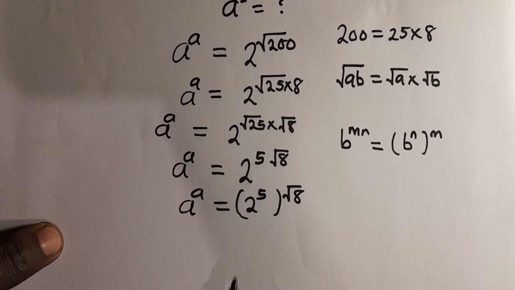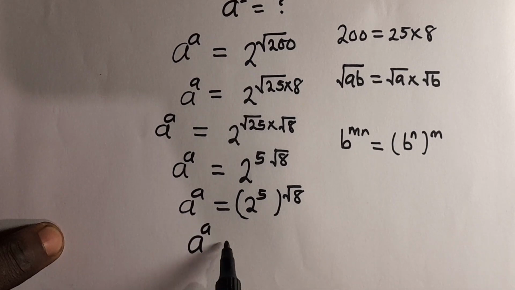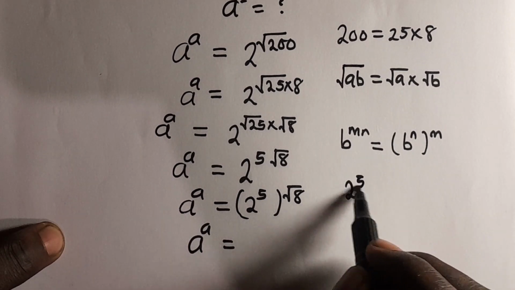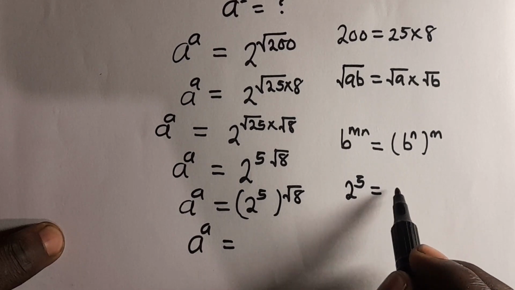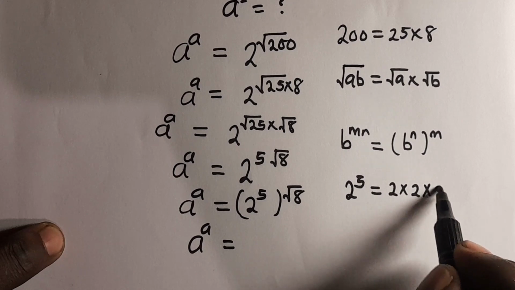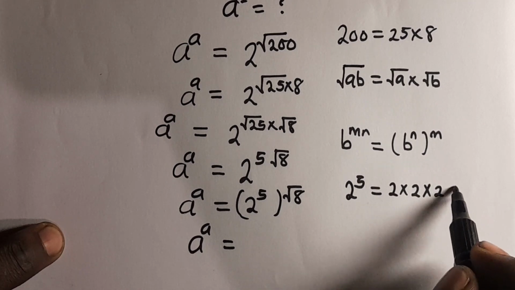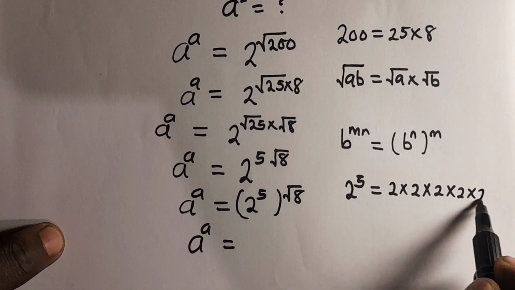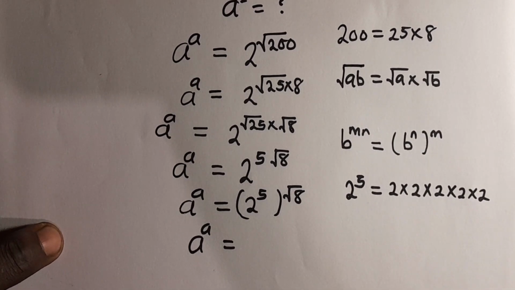Note that 2 raised to power 5 equals 2 multiplied by 2 multiplied by 2 multiplied by 2 and multiplied by 2.